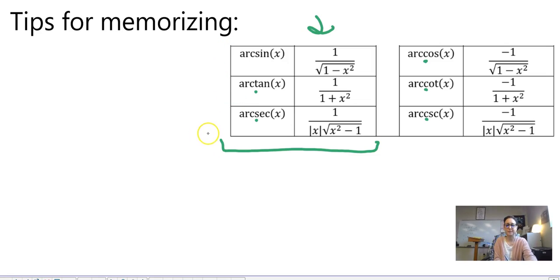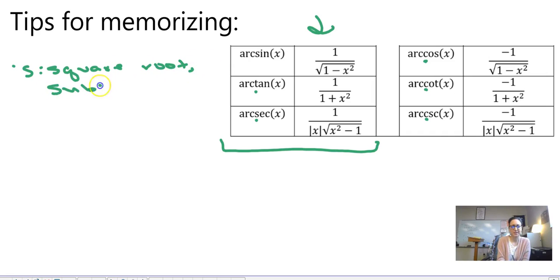So what are some tips? Well, as one of my high school math teachers said, it's the stupid things you remember. Let me give you some tips. If it starts with an S, think S for square root and S for subtraction.